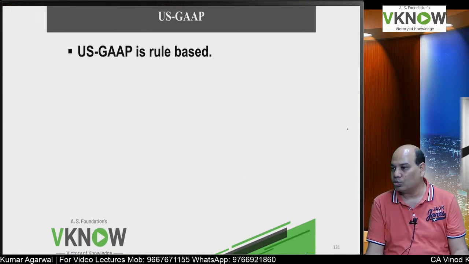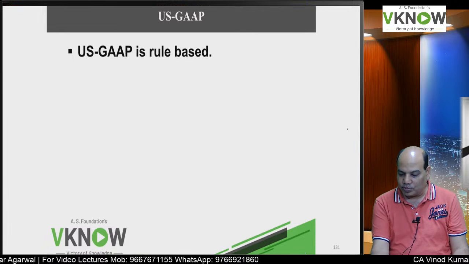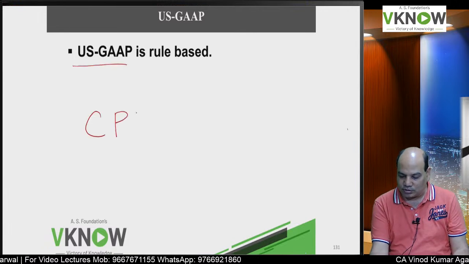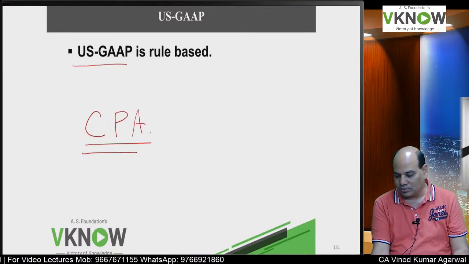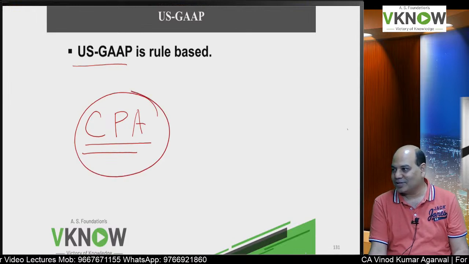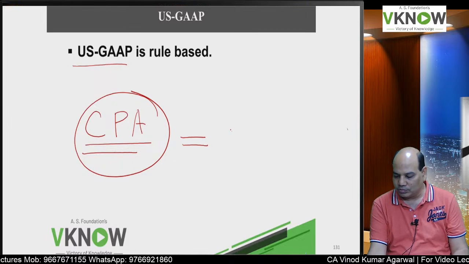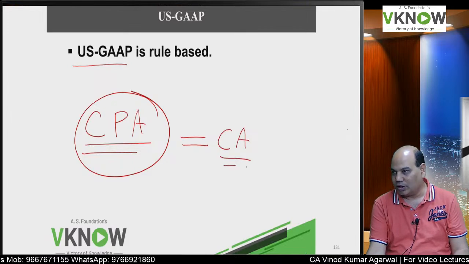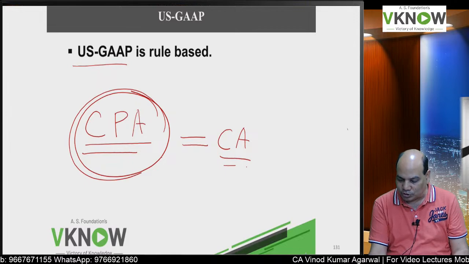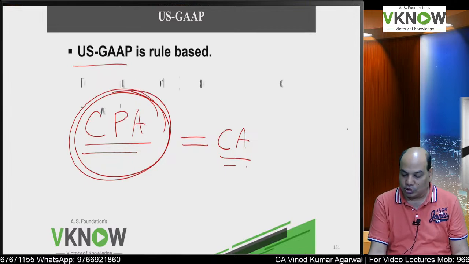US GAAP is more rule based. If you pass US GAAP, you will get the CPA qualification, which I have got, Certified Public Accountant, which is equivalent to Chartered Accountant in India. CPA exams are also held in India, but don't try now.